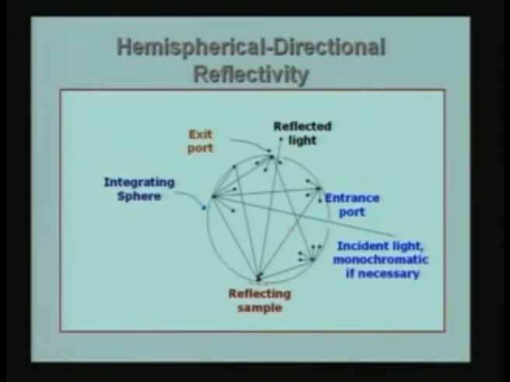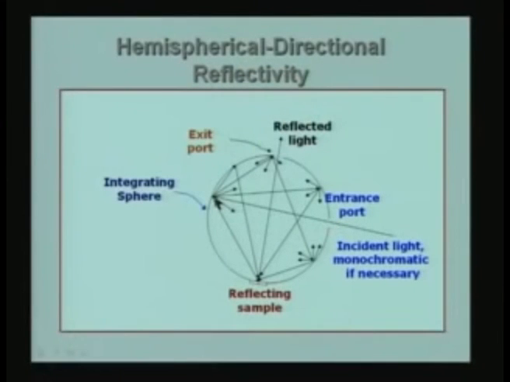The inside of the integrating sphere is given a coating which has got two important properties. One, it is very highly reflecting, let us say 95% or 97% or 99% reflectivity. Number two, it is a perfectly diffuse reflector. That means, if radiation falls on this surface, it is distributed immediately to all the directions possible.